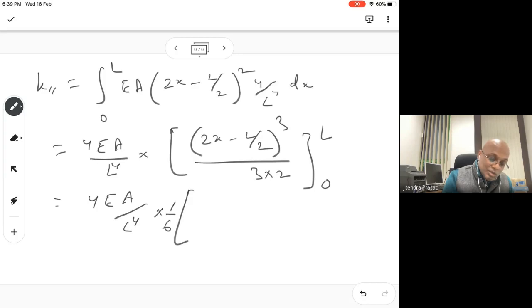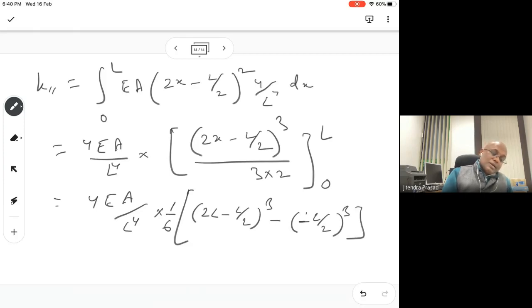So we have 2L minus L over 2 cubed, minus minus L over 2 cubed, which is equal to 2EA over 3L to the 4 multiplied by, here what do you get?